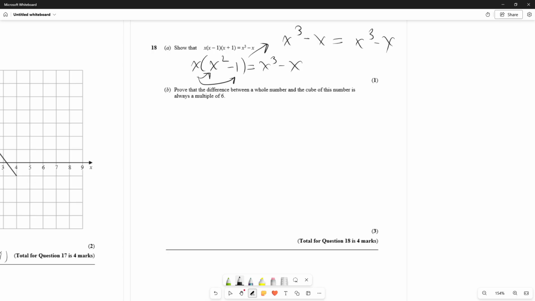So we need to prove that the difference between a whole number and a cube number is always a multiple of 6. Okay? Let's prove this answer.